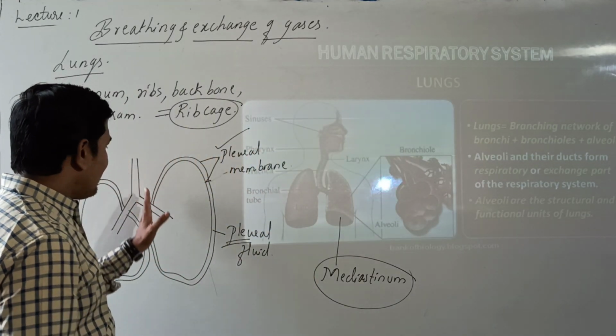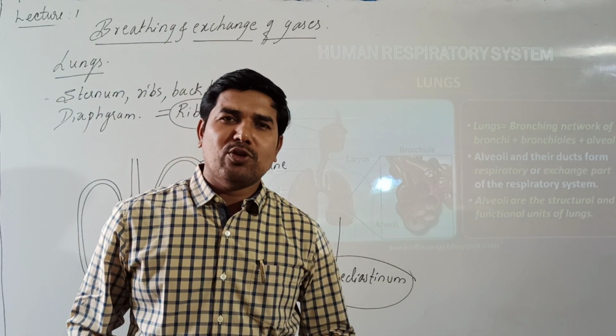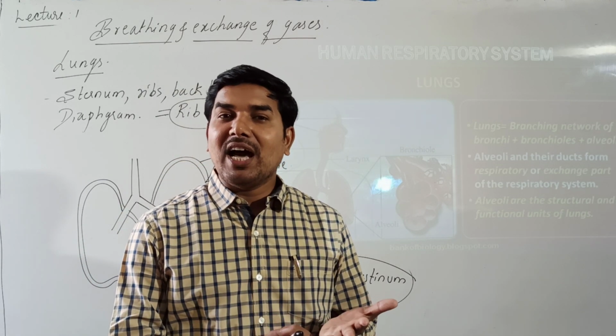Now, as we have discussed in the lungs, the primary bronchi branch into secondary, tertiary bronchi, then bronchioles, and finally alveoli.